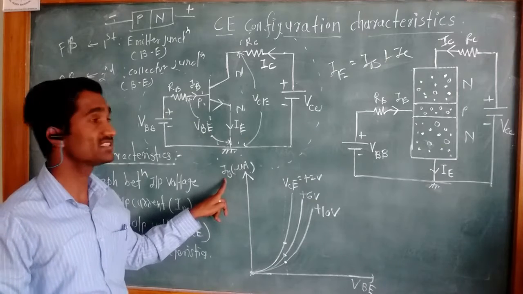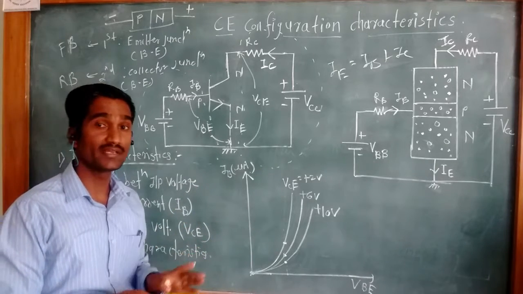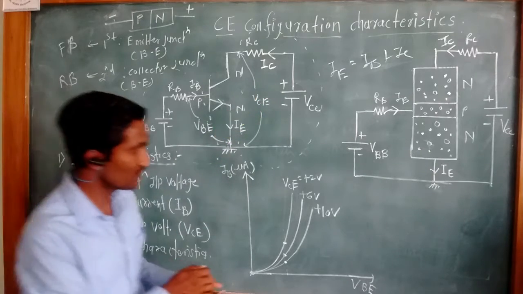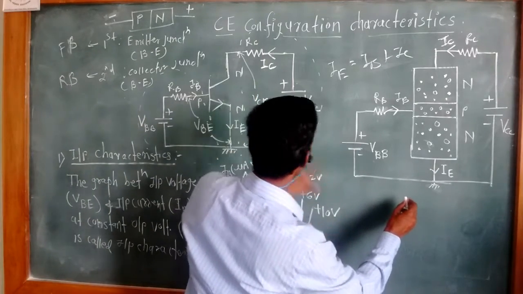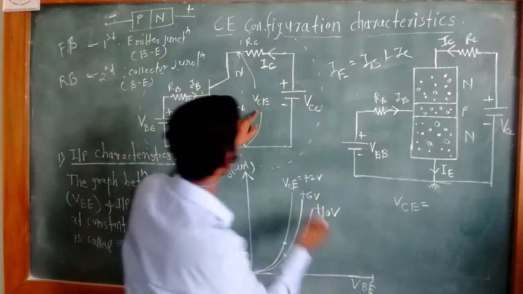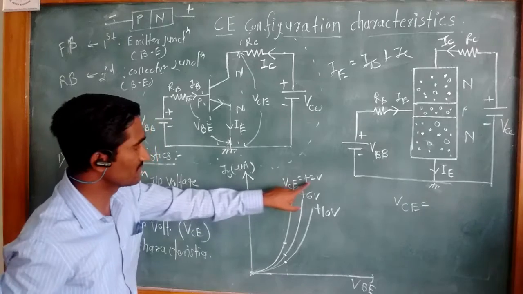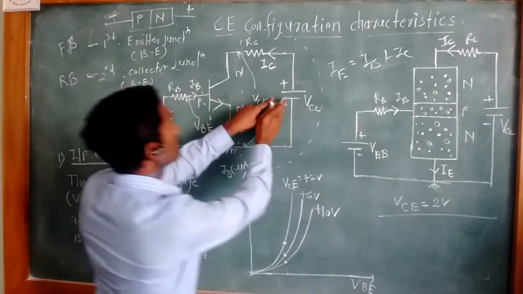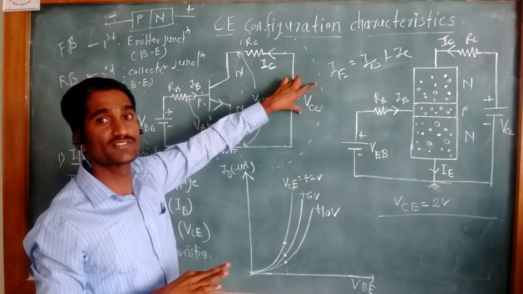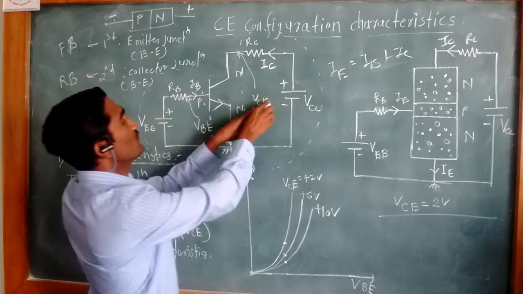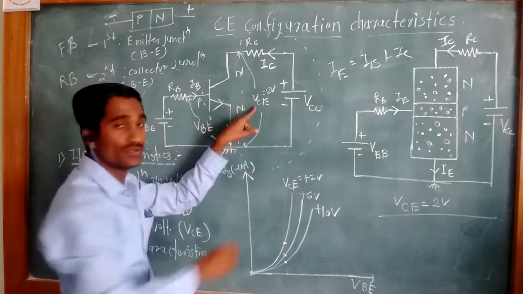But the condition is that we have to maintain this voltage constant. That means we take VCE constant. Suppose I have plotted at 2 volt. So this is constant, I am keeping it fixed at some voltage, and because of that we get VCE equal to 2.